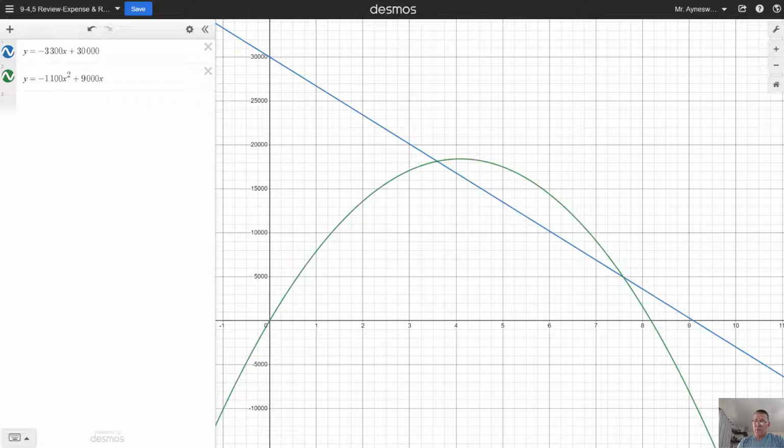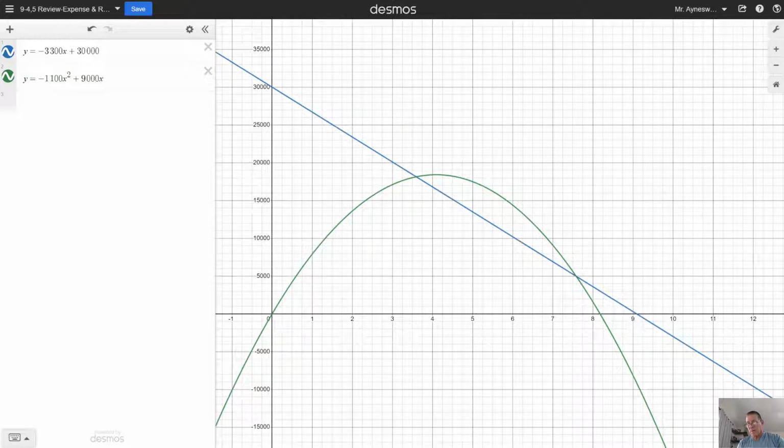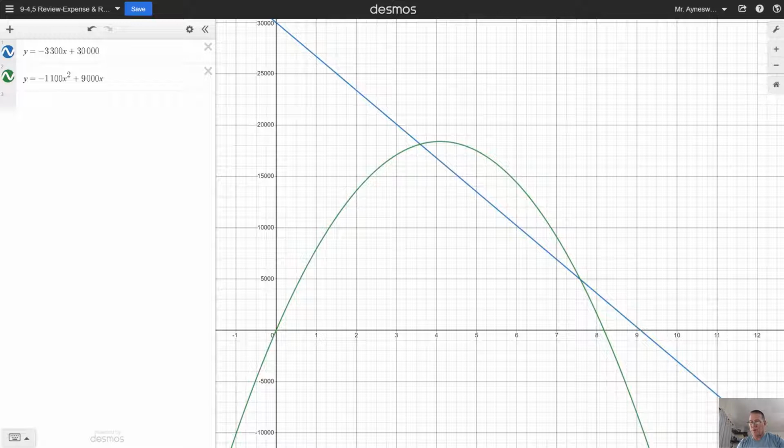And so what we want to do is take a look at all the different critical points on the function. All right, so let's start clicking on some points.